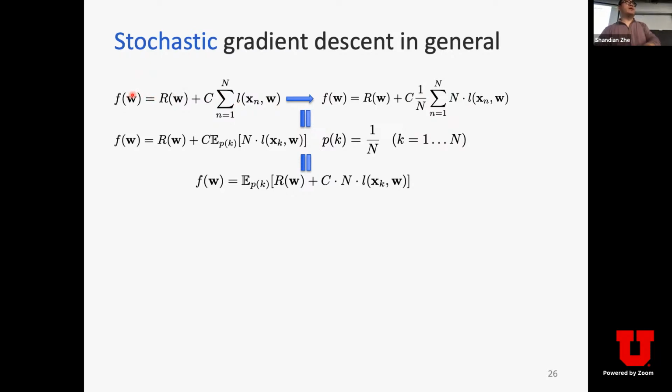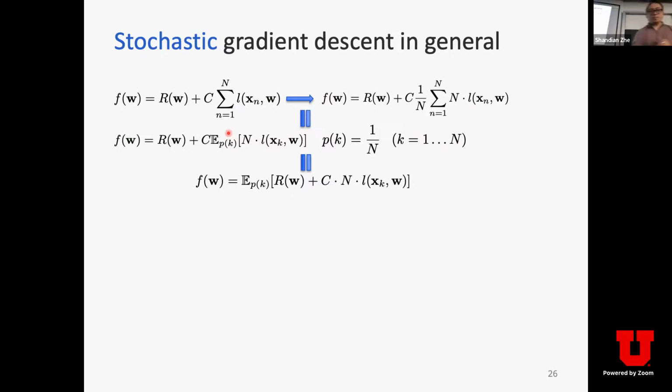Any questions so far? Because this is a very important step. Everyone's comfortable? Okay, so now we can see that we can represent the original objective function as some regularization term R over W plus this hyperparameter C times an expectation. This expectation is over a loss term of a randomly sampled data point from your whole data set.